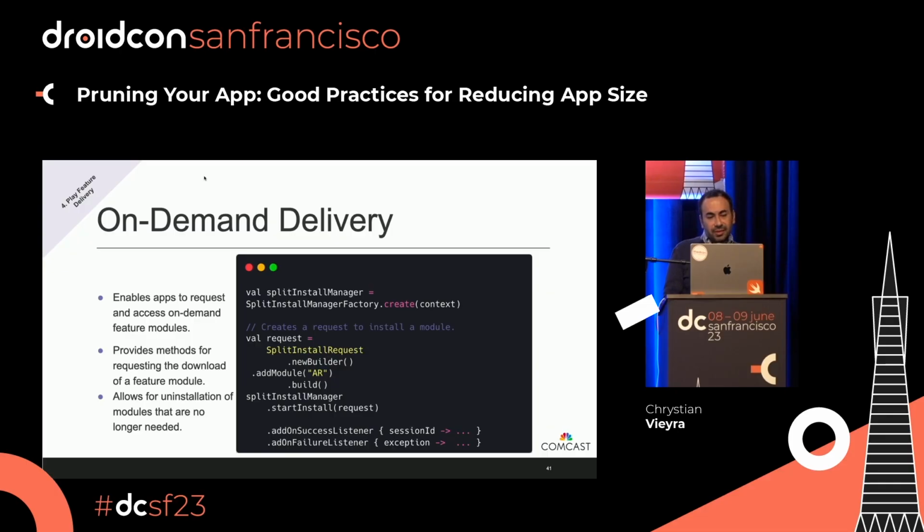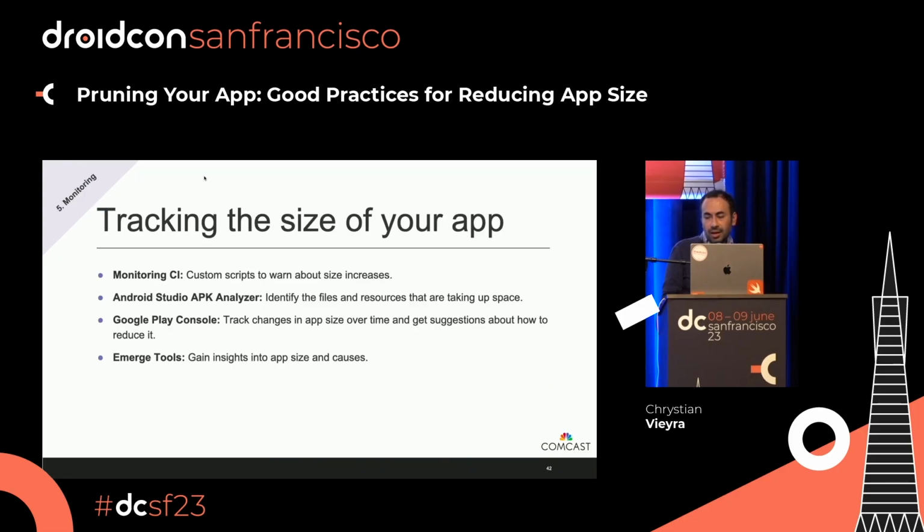But the amazing feature of this is, for instance, if you're using this for an onboarding flow for your user, you can download it, let the user do the onboarding, and once they're done with it, you can uninstall the APK that you installed. So you can save the user's space and return that storage space in their phone to your user. So that's how you can use Google Play on-demand delivery to reduce your initial app size.